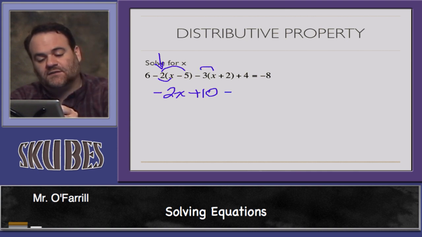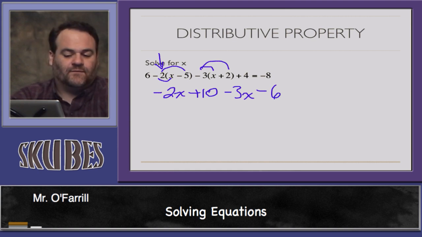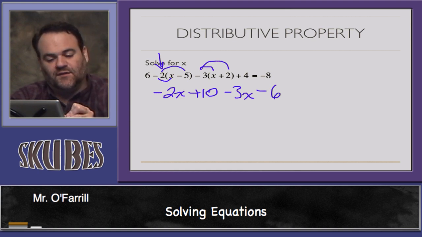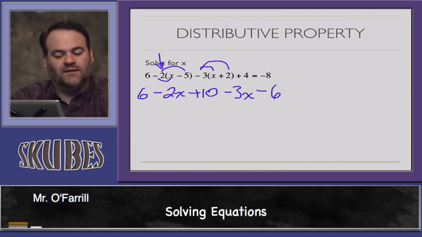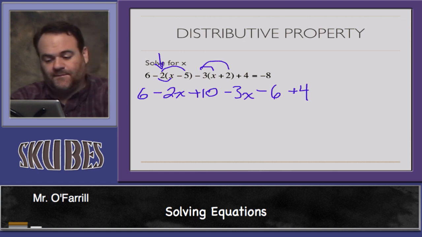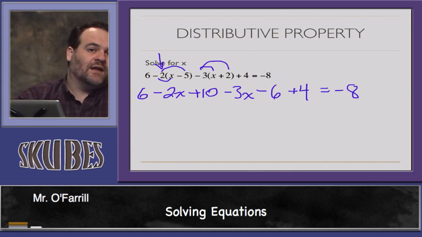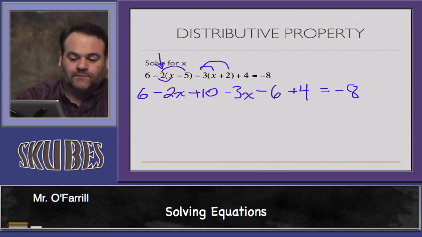Negative 3 times x, that's minus 3x. And negative 3 times 2 is minus 6. Now there's this 6 over here we didn't do anything with, so we'll just go ahead and bring that down. And we have a plus 4 that we haven't done anything with yet either. So we'll bring that one down. And all of that should equal negative 8.